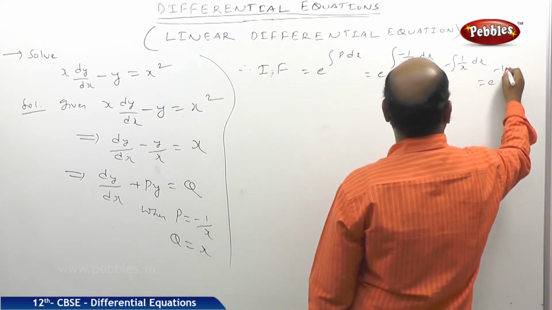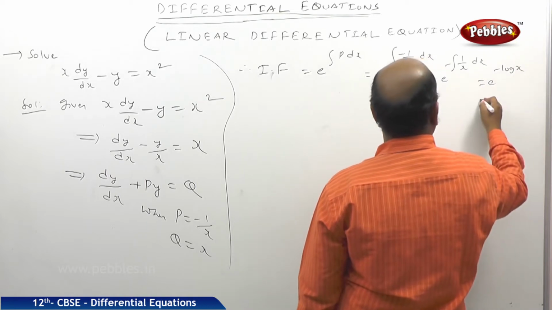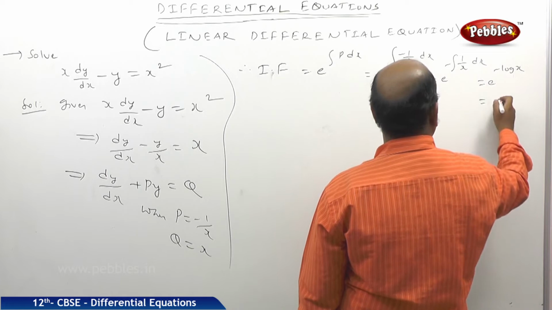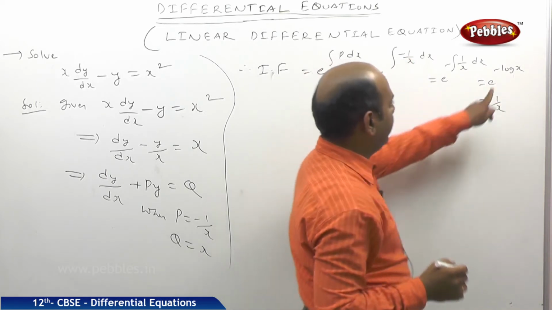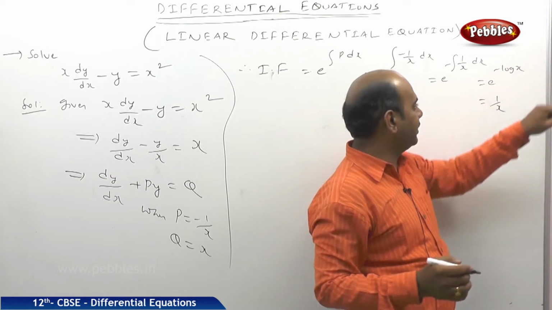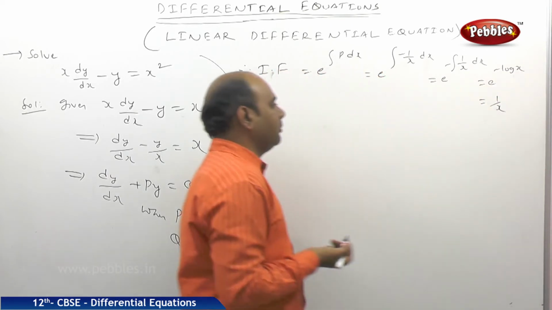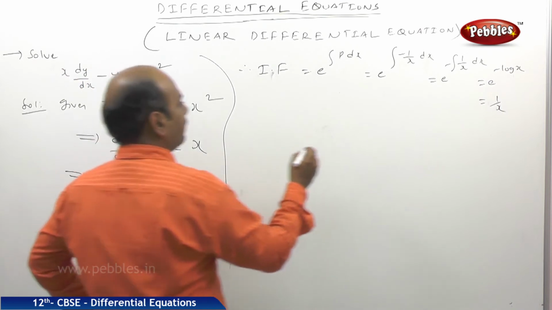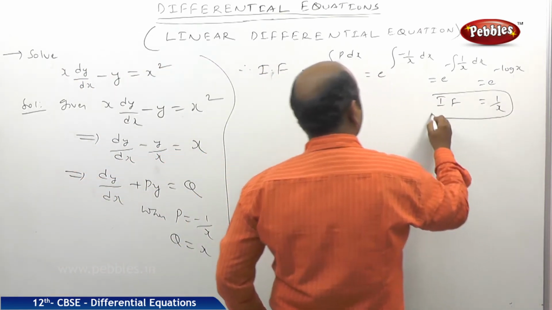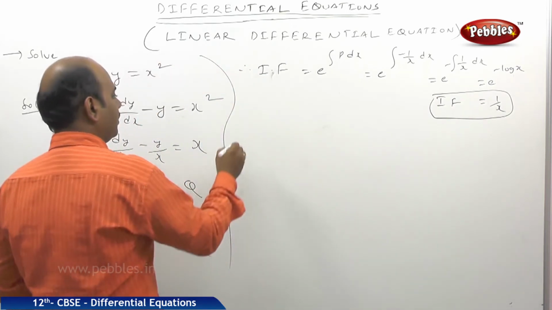So this becomes e power minus log x. My e power minus log x means I can write this as 1 by x only, no? Why? Because minus going to this side means it becomes x power minus 1. X power minus 1 is nothing but what? 1 by x. Therefore finally what I got integrating factor as 1 by x.